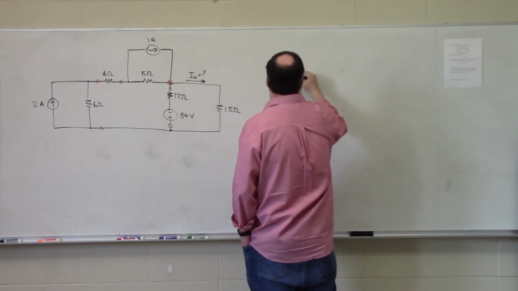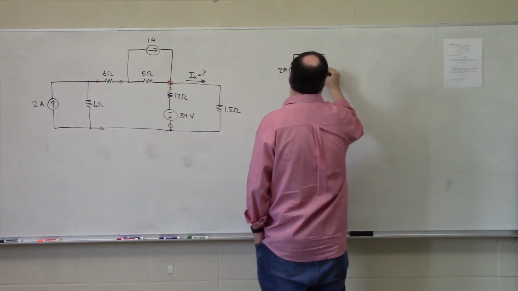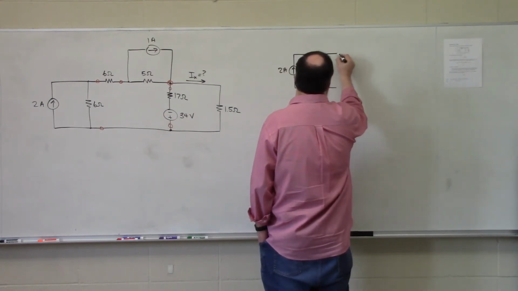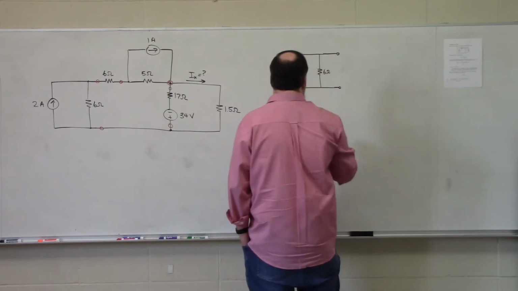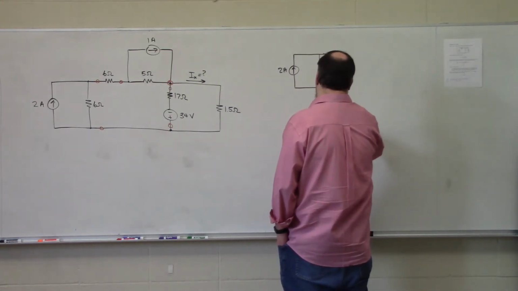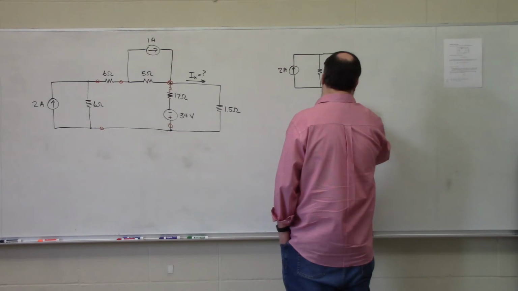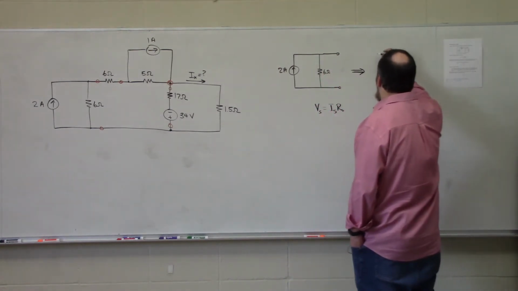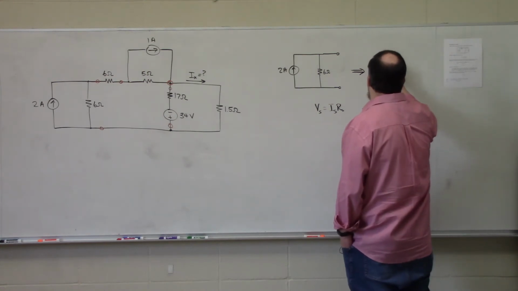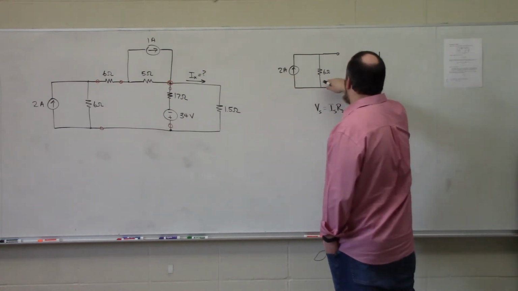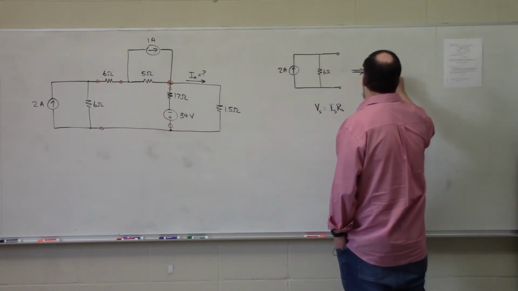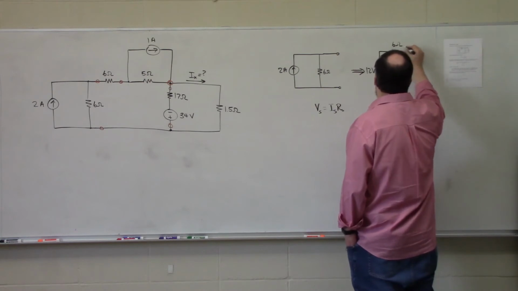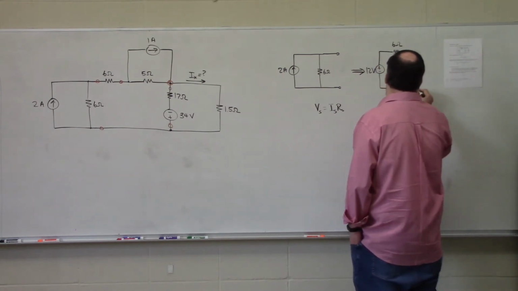Two amps in parallel with 6 ohms, using the relationship Vs is equal to Is times Rs, means that its electrical equivalent would be a practical voltage source where we would have 2 amps times 6 ohms is 12 volts in series with that same 6 ohm resistor.